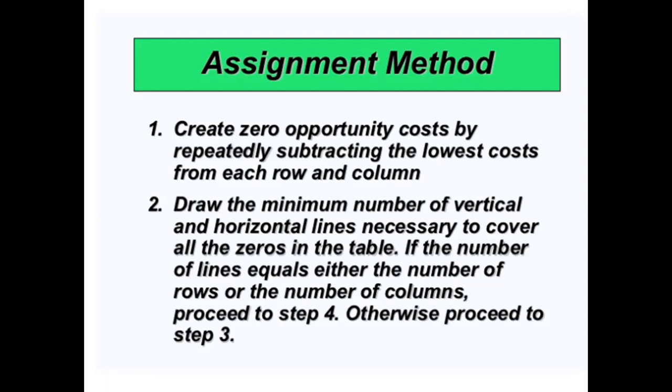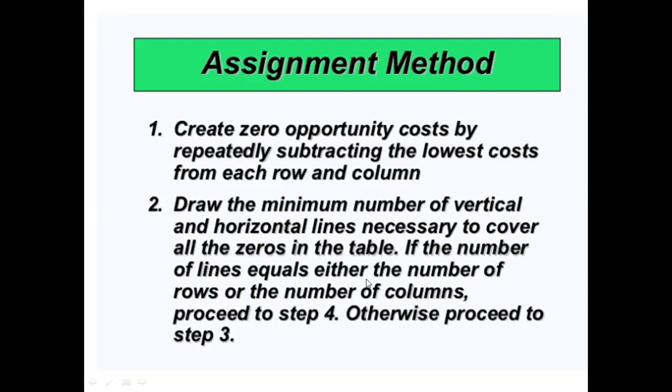If we need two lines, it means that we only make two lines, and so on and so forth. If the number of lines equals either the number of rows or the number of columns, we can go directly to step 4, which is the assignment step.